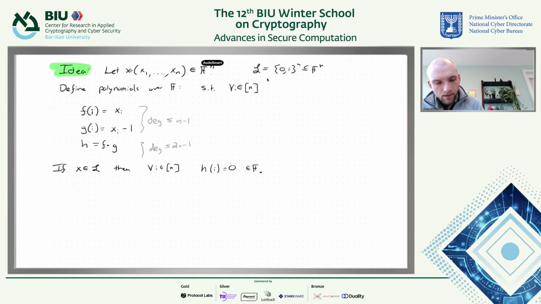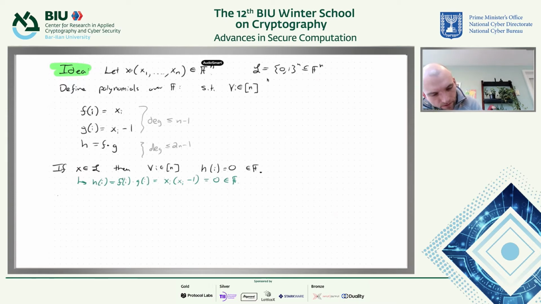Why is that? Well, h(i) is equal to f(i) times g(i), which is equal to x_i times (x_i - 1). And if x_i is 0 or 1, that should be 0. So it's just testing whether x is 0 or 1.